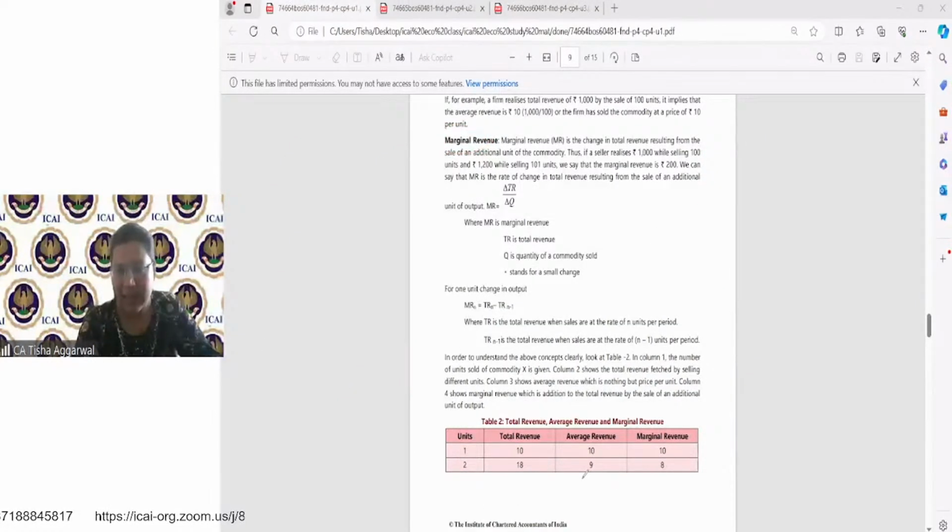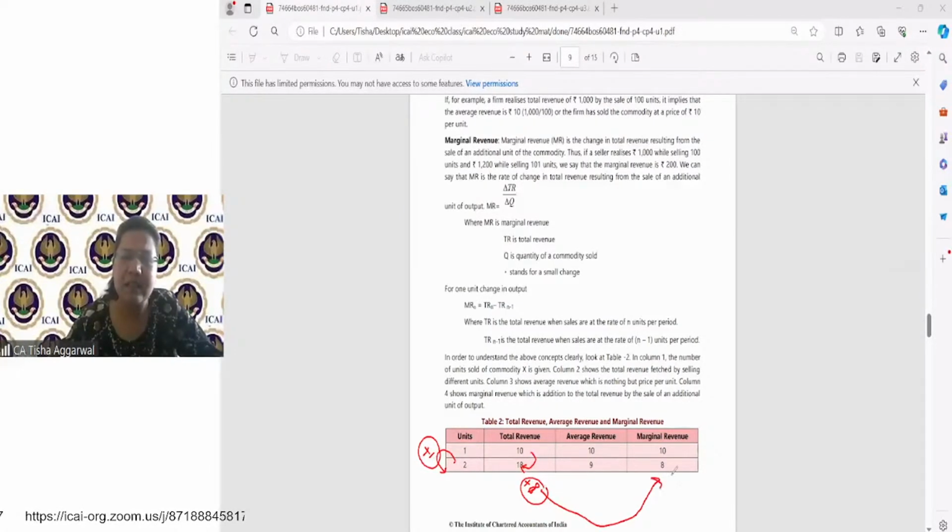So look at this diagram. Total revenue was 10, and for the second unit, the total revenue was 18 rupees. If you sell one extra unit, you are earning how much extra? 8 rupees. And that 8 rupees that you are earning is what is known as marginal revenue.